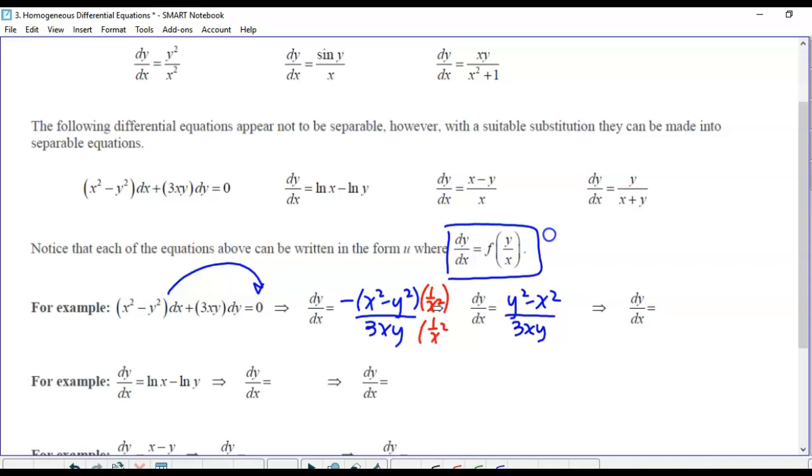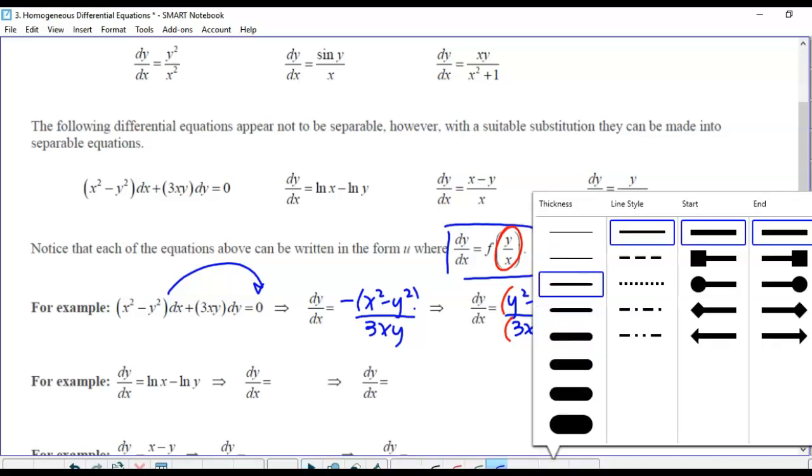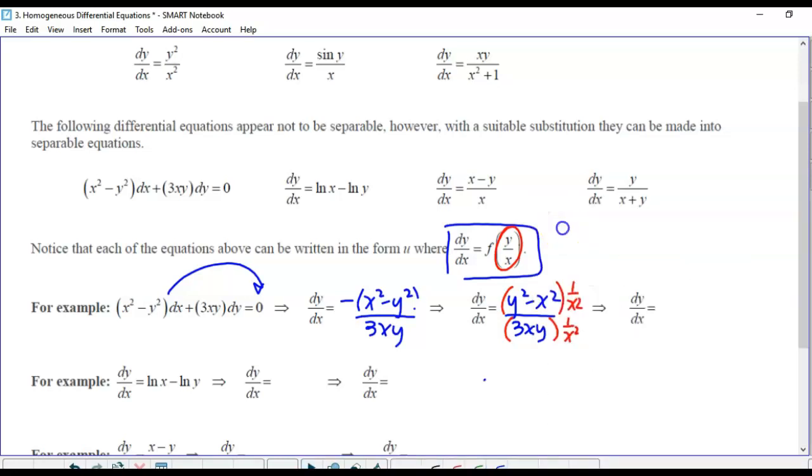So if we do that, I'll do it on the next one here. So here, 1 over x squared. I'm trying to get y over x. So if I can get rid of this x in the denominator and put it over x, that would be 1 over x squared. That's going to be y squared over x squared minus 1 over 3y over x.